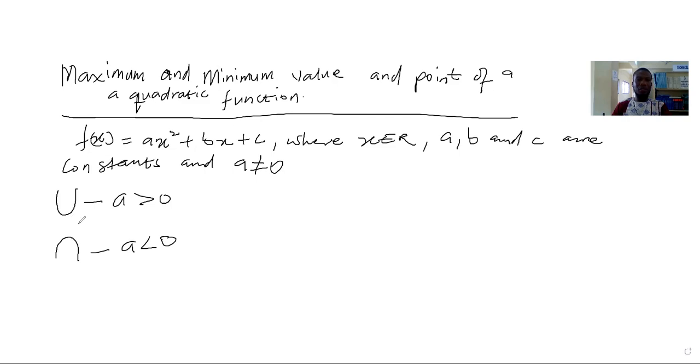For the graph that opens upwards, the turning point of the graph is the minimum value. In the case where the graph opens downwards, the turning point becomes the maximum value.